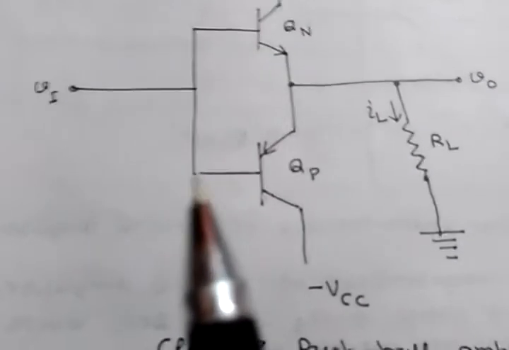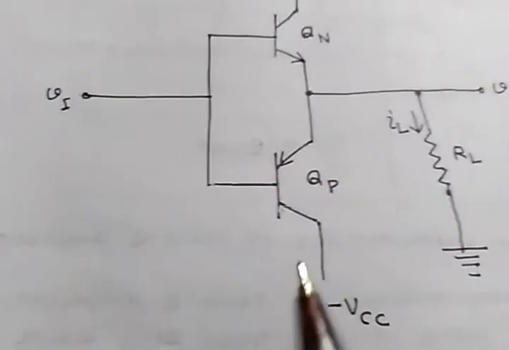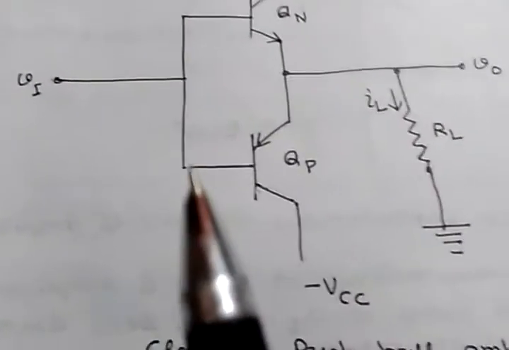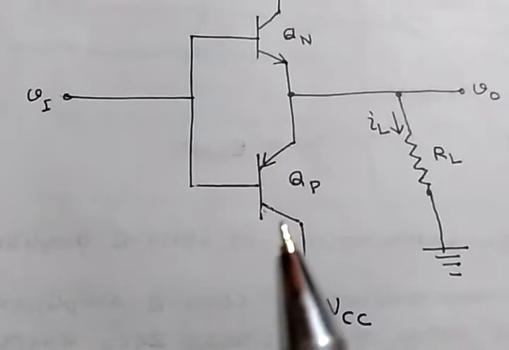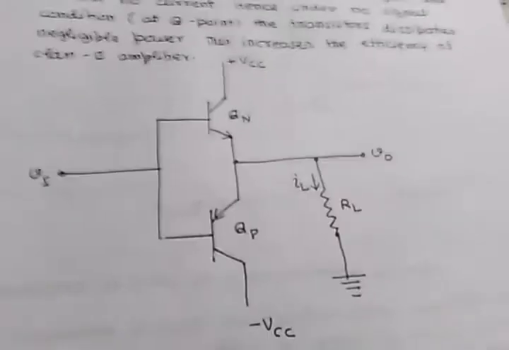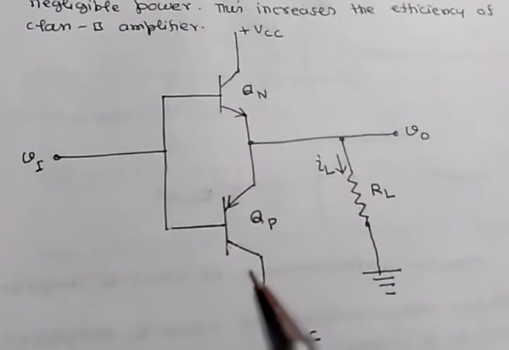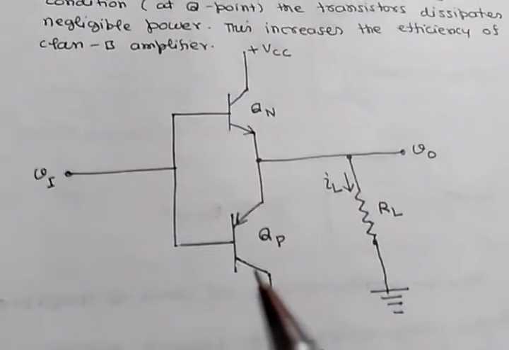Since the N region is at a higher voltage than the P region, the collector base junction of QP will also be reverse biased. Hence, during the positive half cycle, the transistor QP will work in the cutoff region.